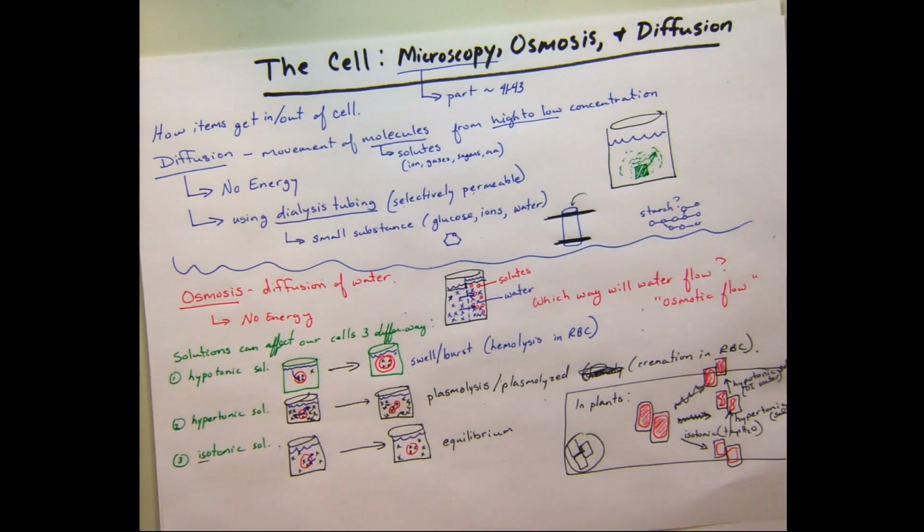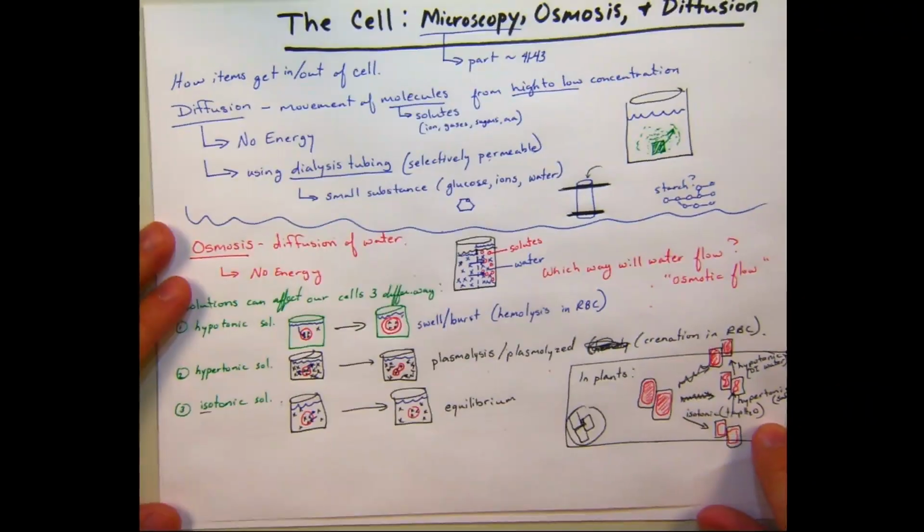Now, that's not the only type of movement in and out of a cell. That's the only type that we can discuss here in the lab, or that we can observe in the lab, I should say. There are others.